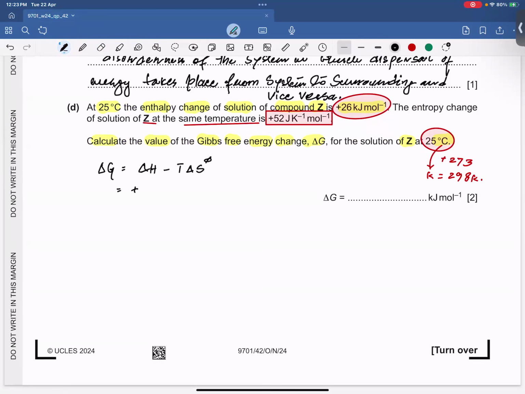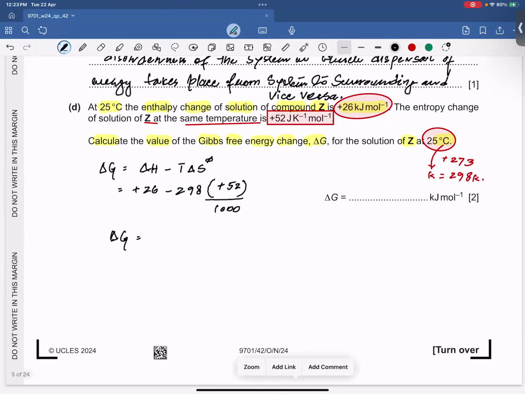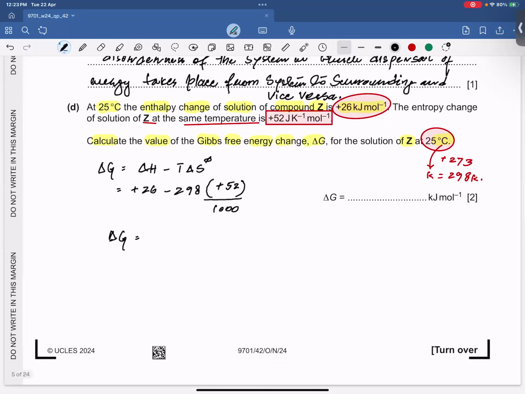Delta H is plus 26 minus 298, entropy is plus 52. Since its value is given in joules, we need to convert it into kilojoules, so divide by 1000. So delta G for this reaction is going to be 26 minus 298 bracket 52 bracket divided by 1000.